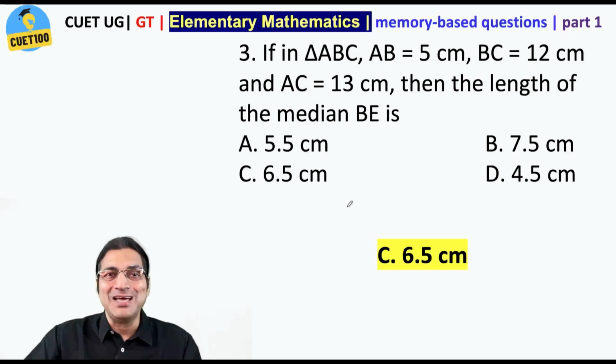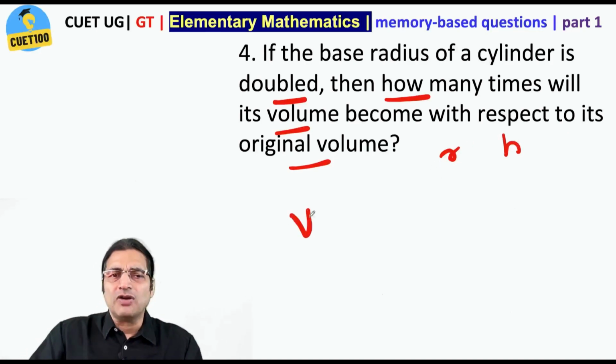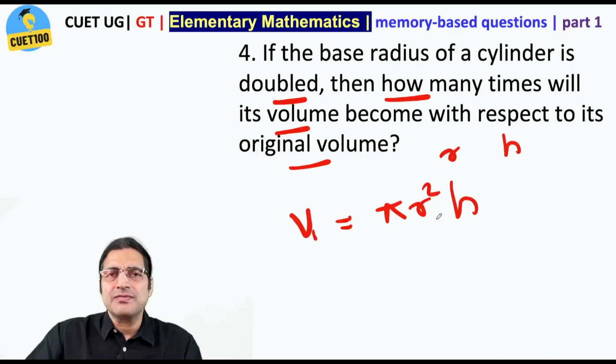If the base radius of a cylinder is doubled, then by how many times will its volume become with respect to its original volume? Let the base radius be r, and height of the cylinder be h. So what will be the initial volume? It would be pi r square h. Subsequently, r will become 2r.